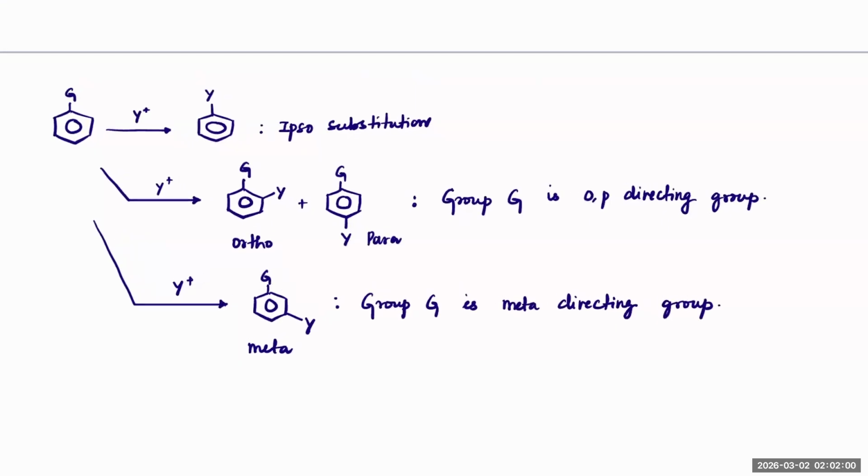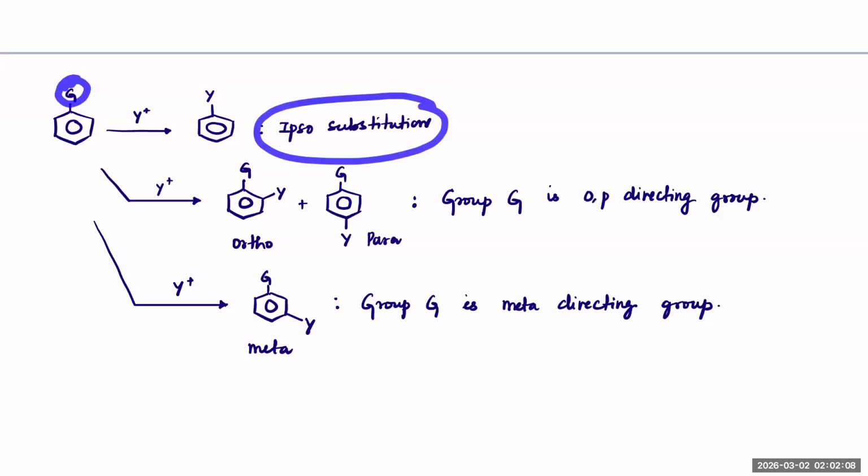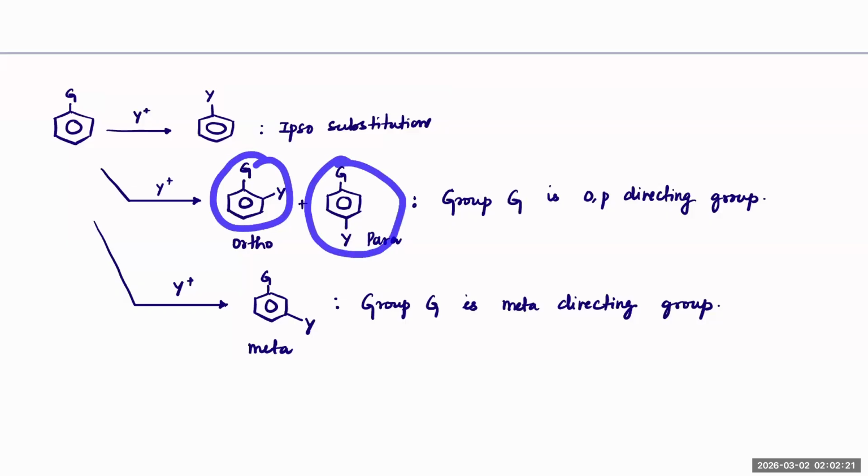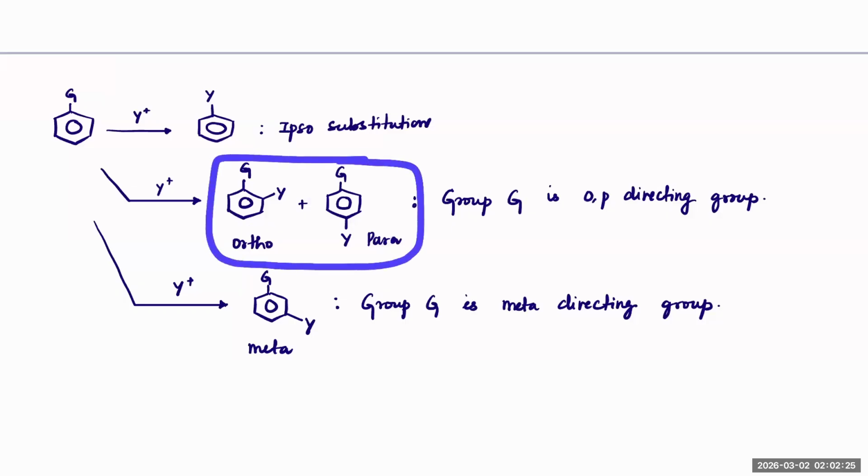When such things happen, let's understand that there are three types of substitutions. One is ipso substitution, which means within the molecule the group that is present is being removed and a new group has been attached. The second type is it can go at ortho and para. Usually what happens, only ortho or only para is less likely to form. They will always be formed in different compositions.